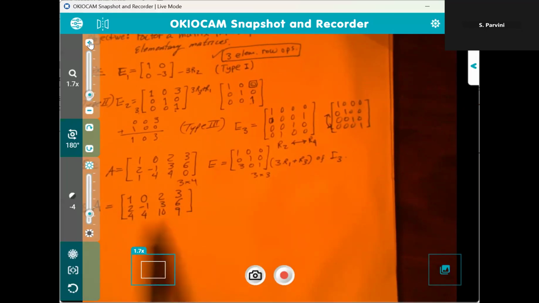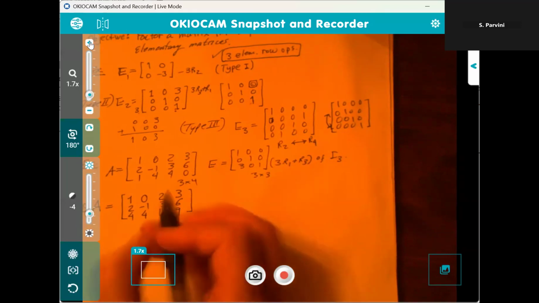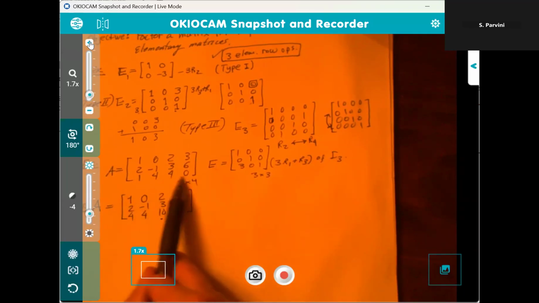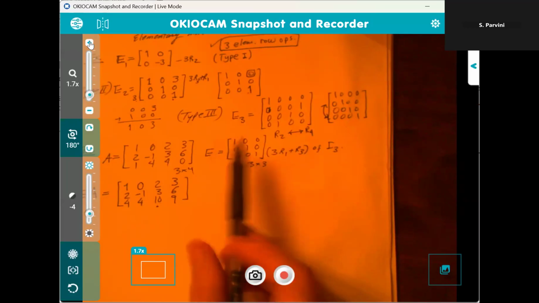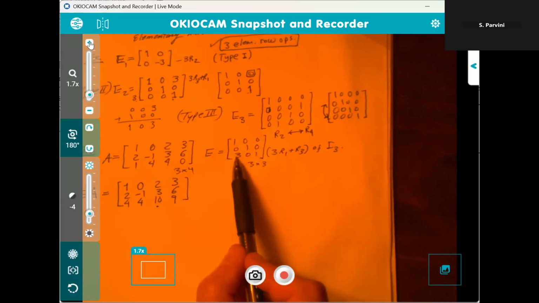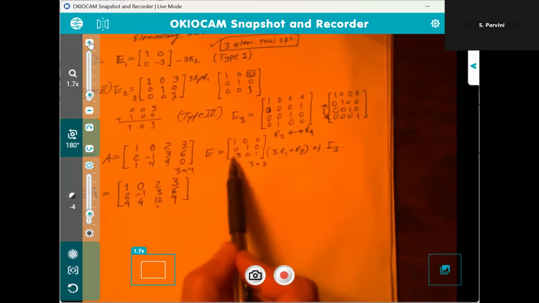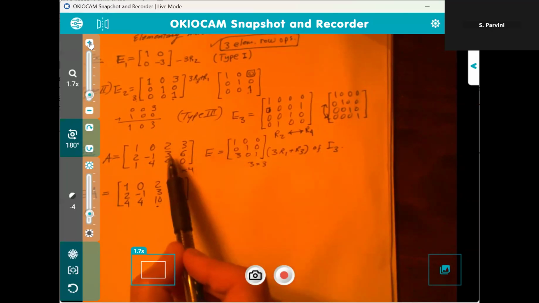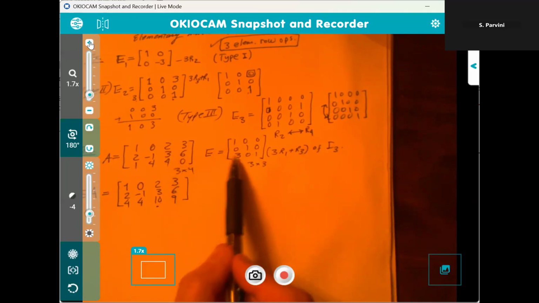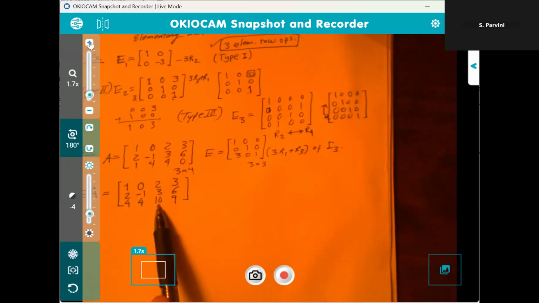So for example, this one, this is the third row of EA, for example, in here. This is third row, third column, 10. How did I get a 10? I did the third row of E, third row by third column. Third row, 3 times 2, 6. 0 times 3, 0. 1 by 4, 4. 4 and 6 made 10. So that's how I got these numbers.